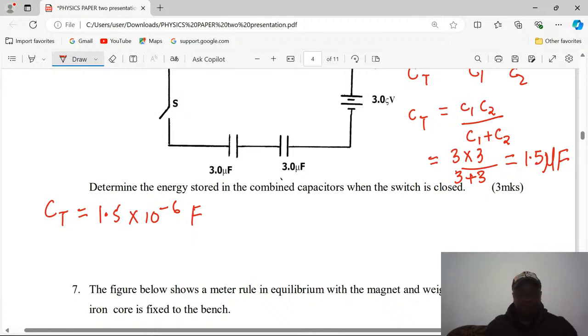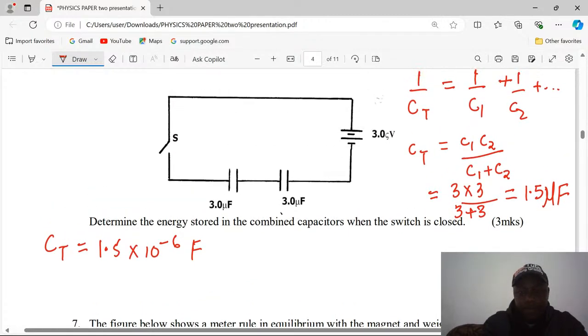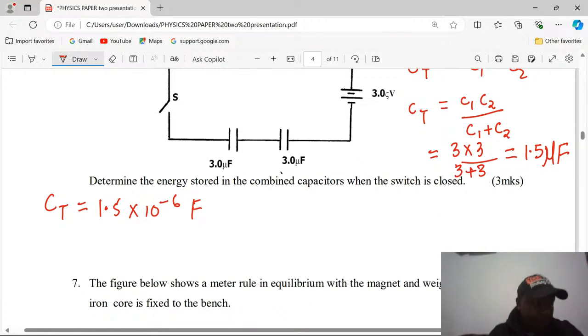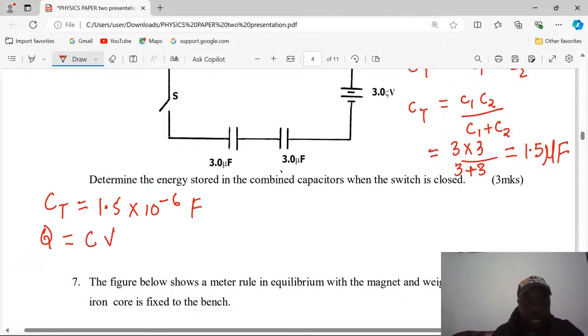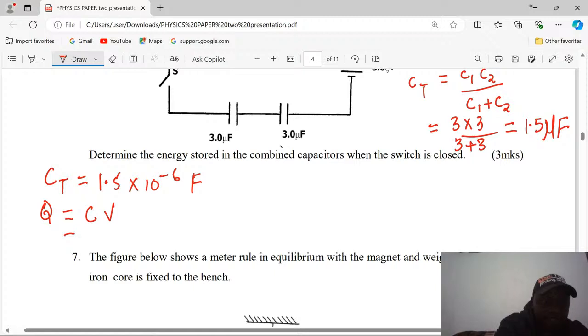All right, it's good for students to know that there is something called charge. Charge is abbreviated Q, and Q is usually given by CV, capacitance multiplied by voltage. So capacitance is 1.5 and V is exactly 3.